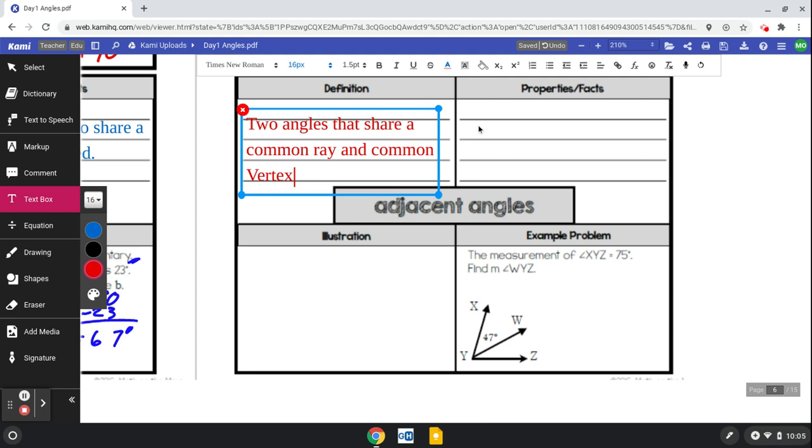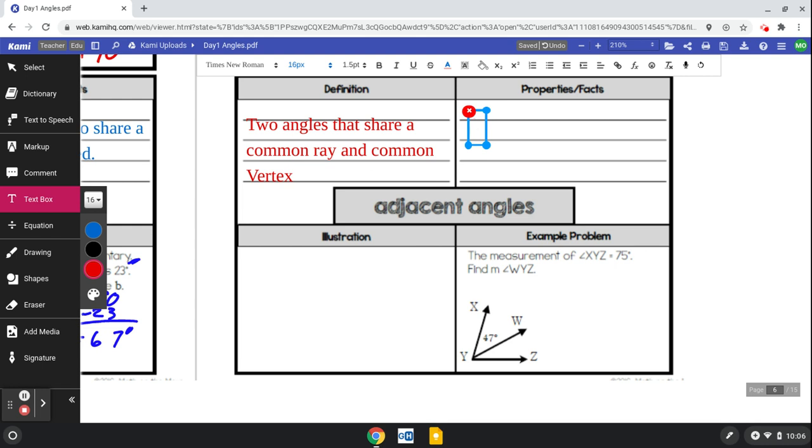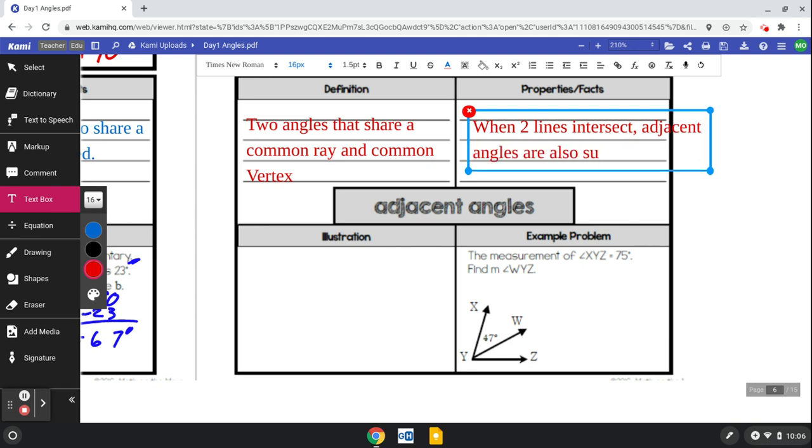A fact about these: when two lines intersect, adjacent angles are also supplementary.